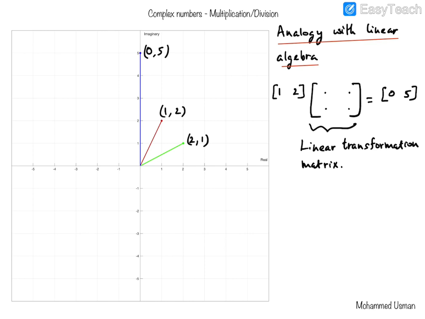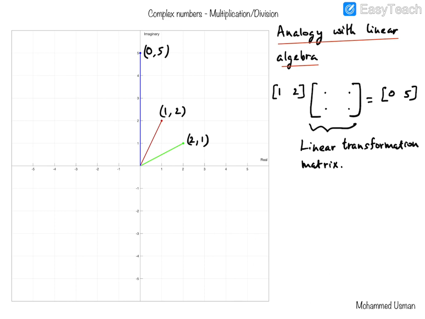Now we need to figure out what would be the elements of this matrix. So what are the contents of this matrix? What do the rows and columns of this matrix represent? And we will see that these elements of this matrix, which produces the same scaling and rotation as this complex number 2 plus j, this matrix is related to this 2 plus j complex number.